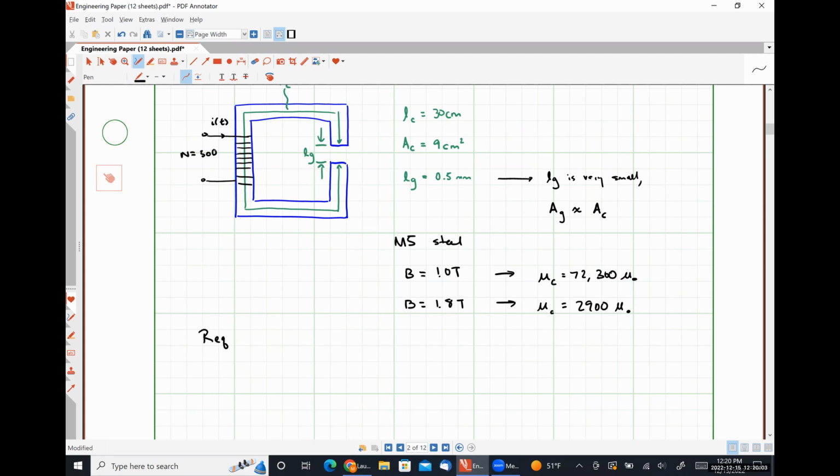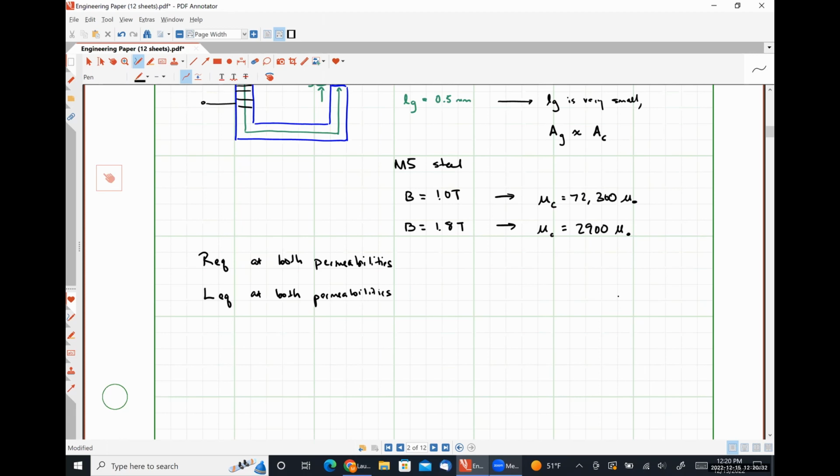So the equivalent reluctance at both permeabilities and the equivalent inductance at both permeabilities.